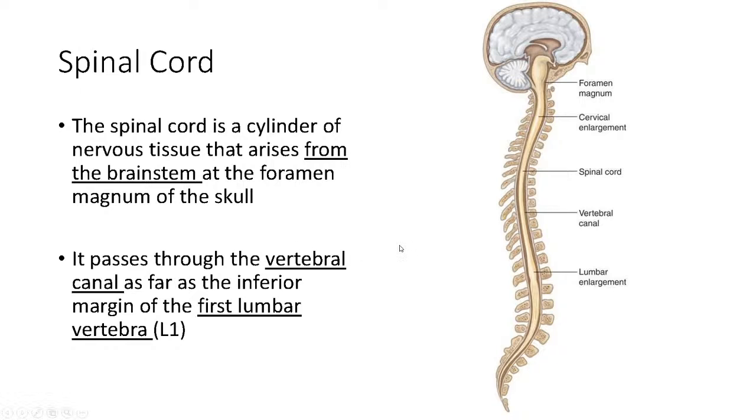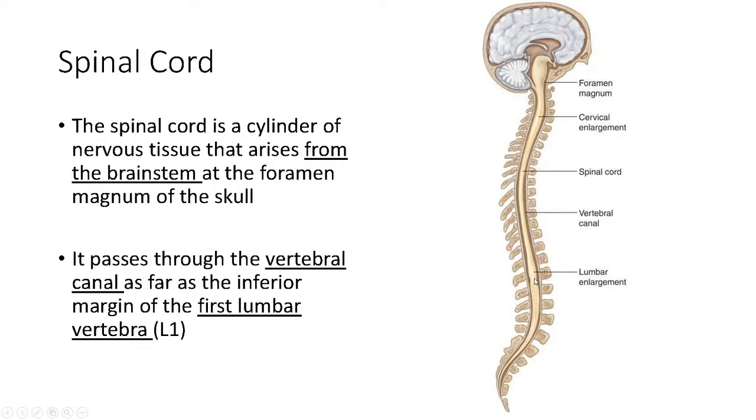All right. So the spinal cord passes through, this says as far as the inferior margin of the first lumbar vertebra, L1, but actually, in this picture that's about L1, but it passes down to about L4, really.